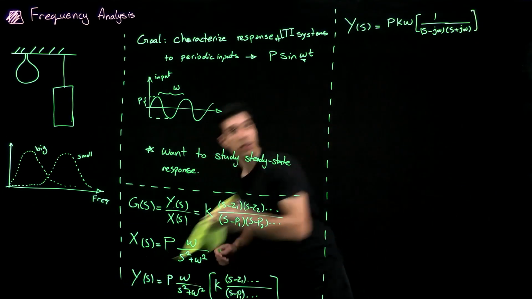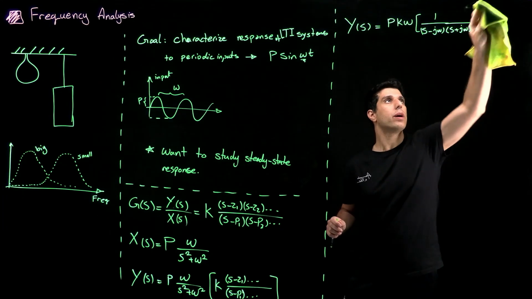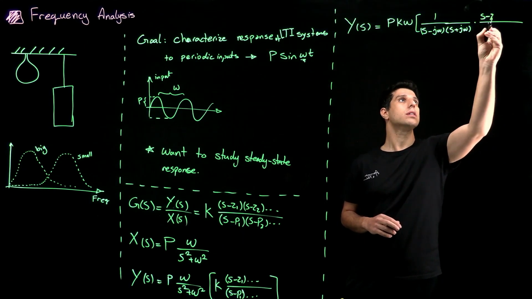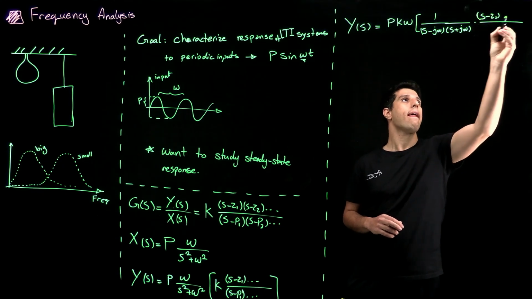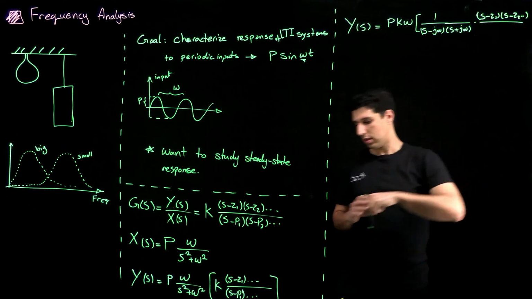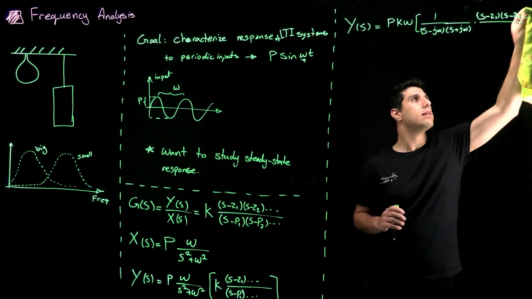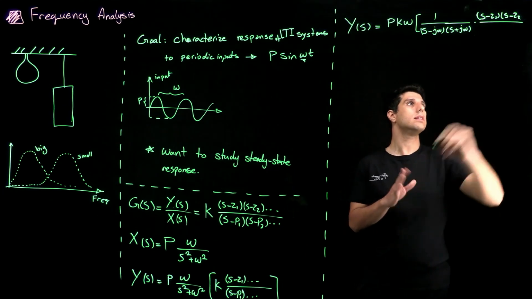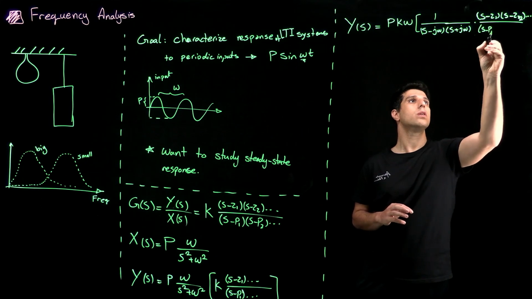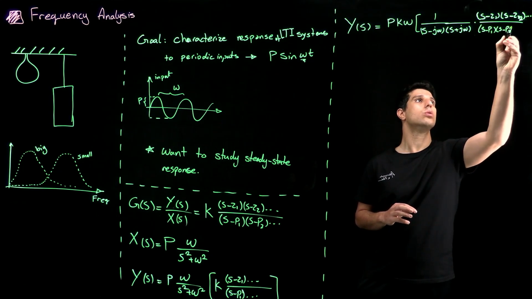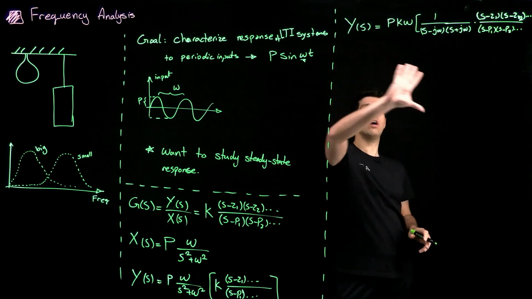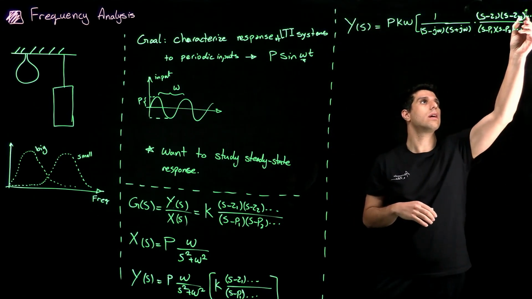Let me now close this. I keep writing, and here I have all my s minus z1, s minus z2, dot dot dot, over s minus p1, s minus p2, dot dot dot. So that is my full response.